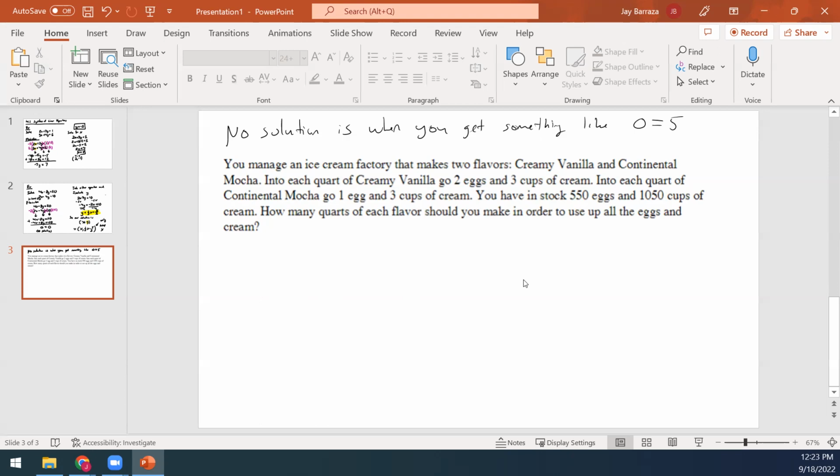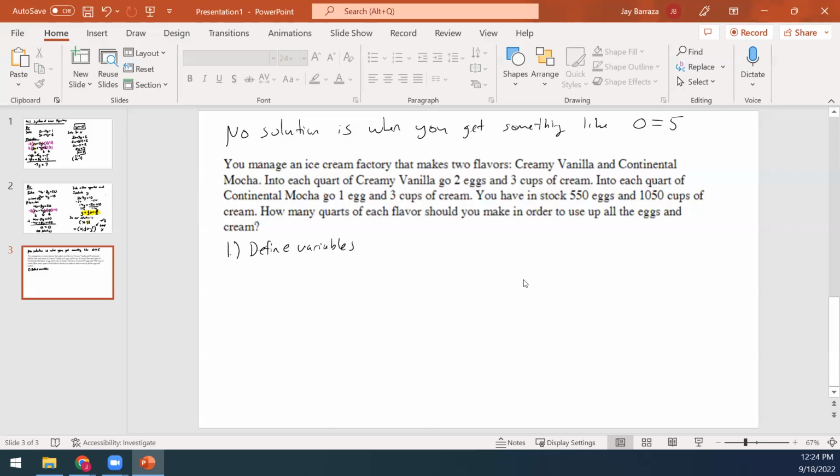So this is a problem students struggle with, just setting it up. So basically, one way to think about it is you've got to define your variables, right? So first thing you want to do is define variables. Eggs are not going to be your variables because you know how many eggs you have and how many eggs you need to use.